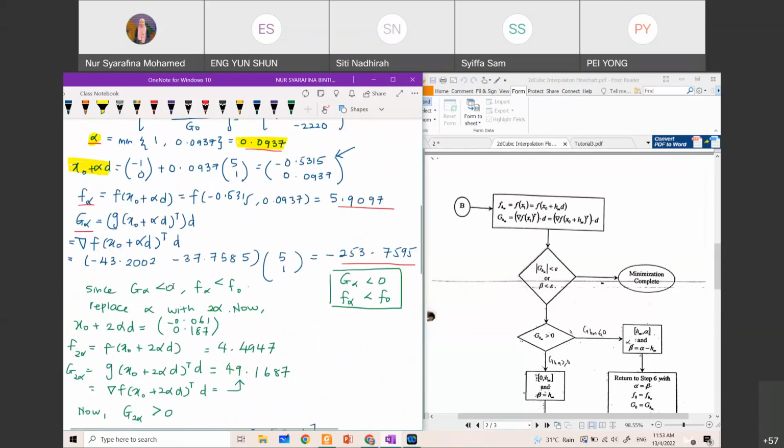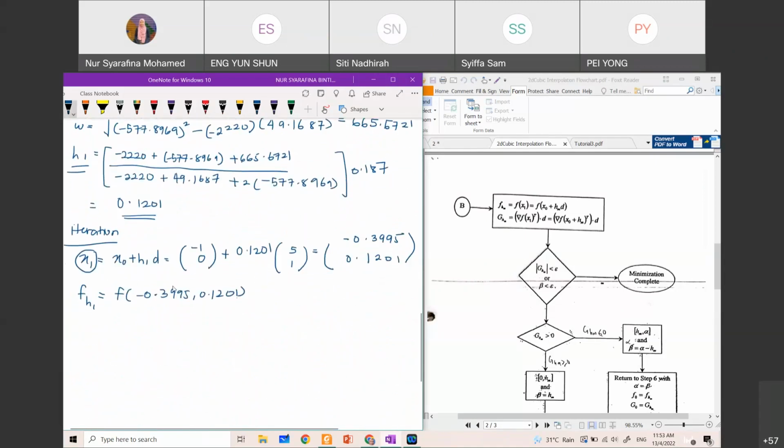Then you can have 2.1146. And then GH1 equals the derivative of f at the same point, transpose, times d, which gives you minus 53.4556.